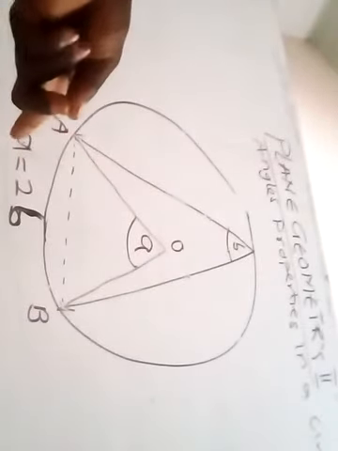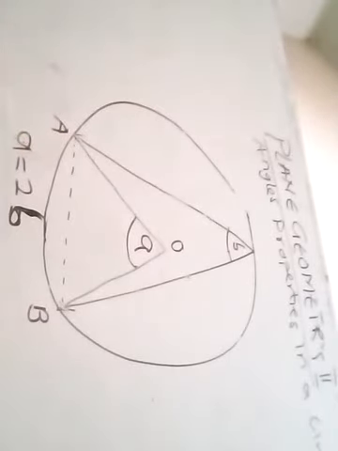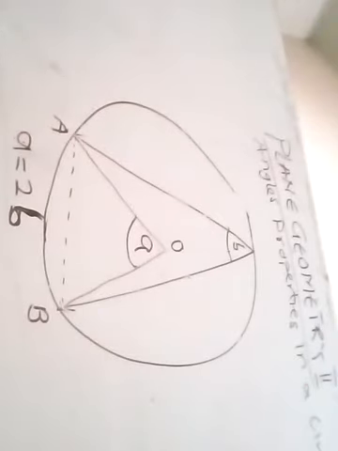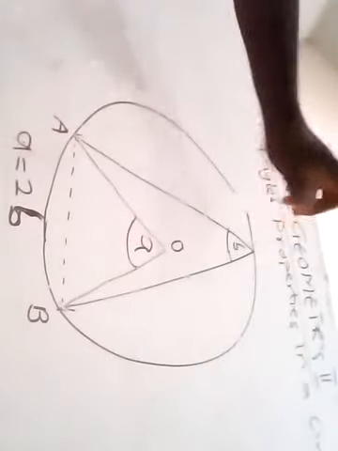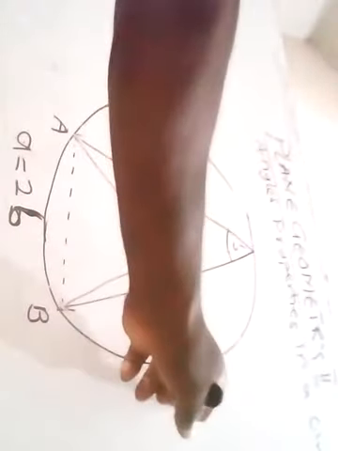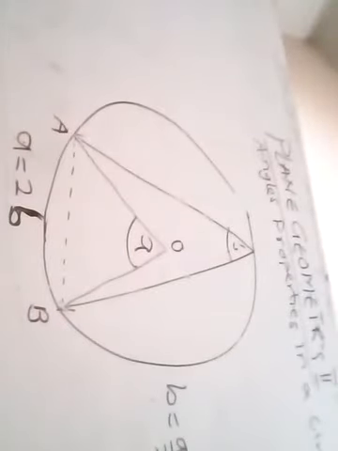Or if you have A and you want to get B, you divide both sides by 2 and you get A over 2, your B. That's why we said that the angle a chord subtends at the center of a circle is twice the angle it subtends at the circumference. So A is equal to 2B, or B is equal to A over 2.